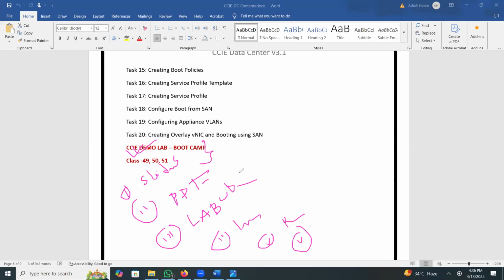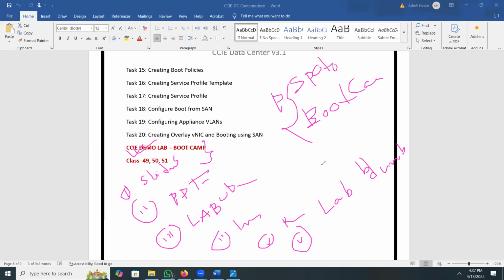I will also give you the lab exam dumps. But you need to hire a physical lab, or do a boot camp with a vendor like Spoto.